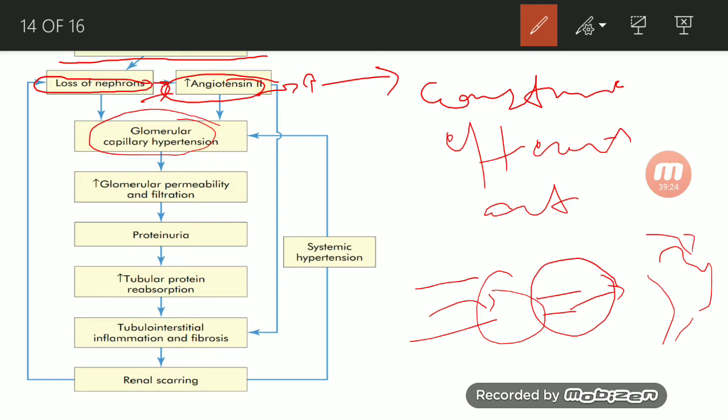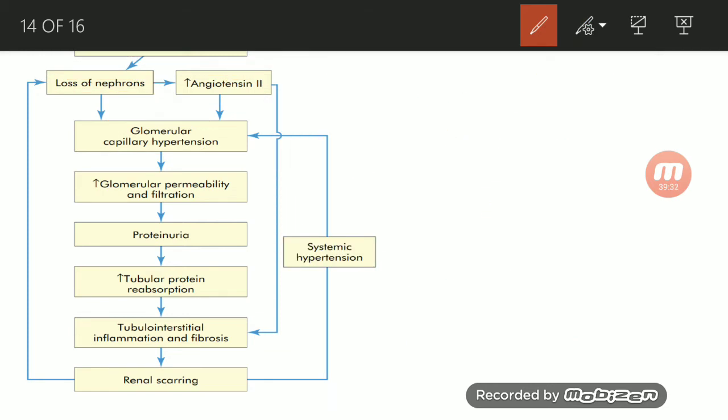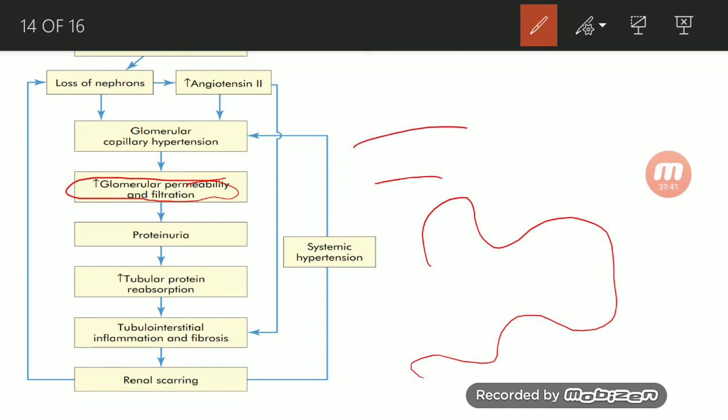So there is going to be an increase in capillary hypertension in that case as well. Whenever there is increase in pressure of your glomerulus, it will lead to increased glomerular permeability and filtration. The more the pressure generated in your glomerulus, the more the filtration.